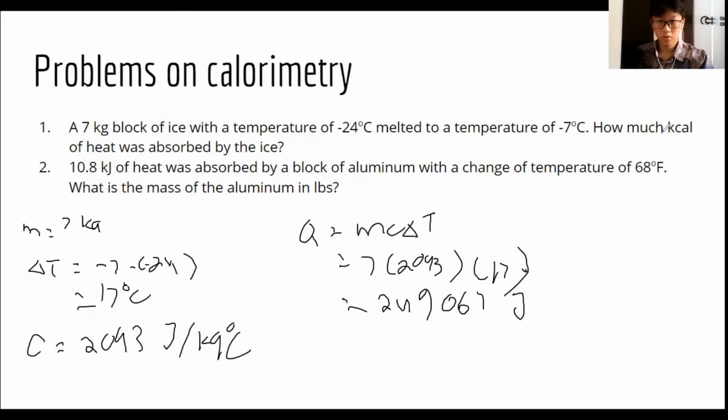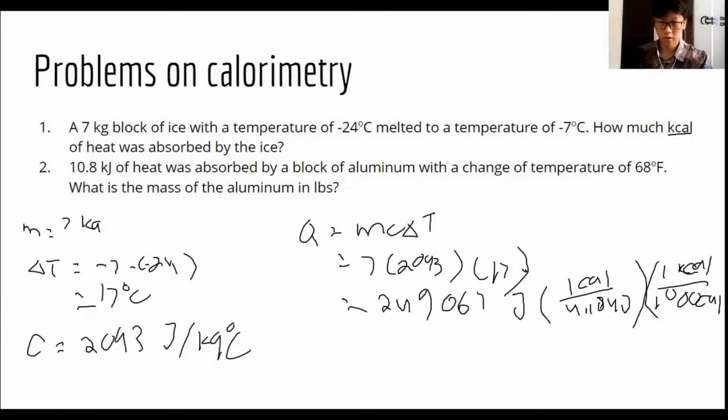But first, we need to convert it to kilocalories. If we remember the earlier conversion from calorie to joule, 1 calorie is equal to 4.184 joules, and 1 kilocalorie is the same as 1000 calories.